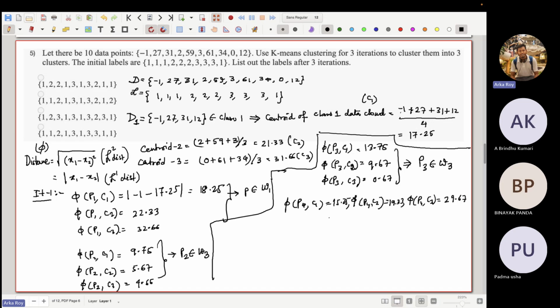So from this, I can say that P4 belongs to omega 1, because you can see you have got 15.25, which is lesser than each and every other case.